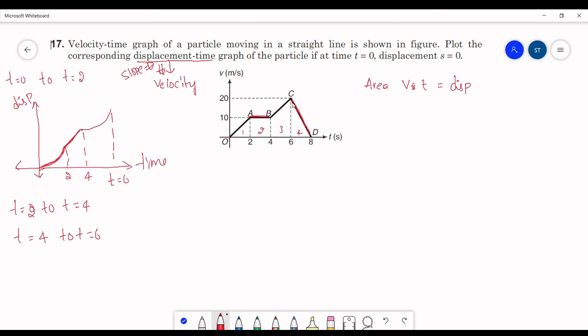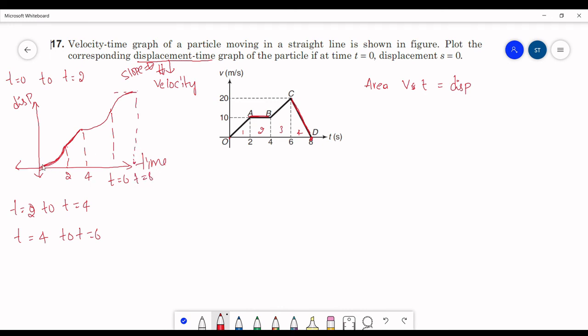Velocity is gradually decreasing, which implies the slope of the displacement versus time graph should be gradually decreasing. So here this will be a downward facing parabola, and finally the slope should be equal to 0. Why? Because at t equal to 8 seconds velocity becomes 0. So this will be the graph from t equal to 6 to t equal to 8.